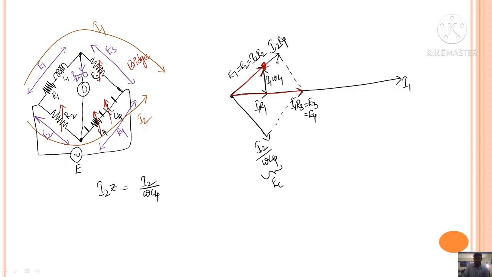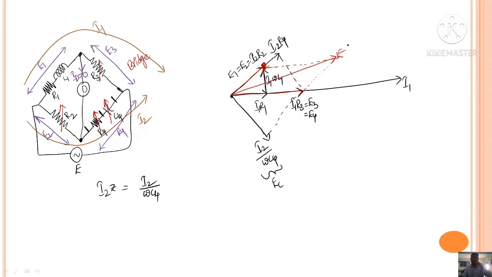Okay. So take the resultant. First draw a parallel line to this line. You need to draw a parallel line, and draw a parallel line to the x-axis line. Now what is this phasor? This phasor is E. Okay.